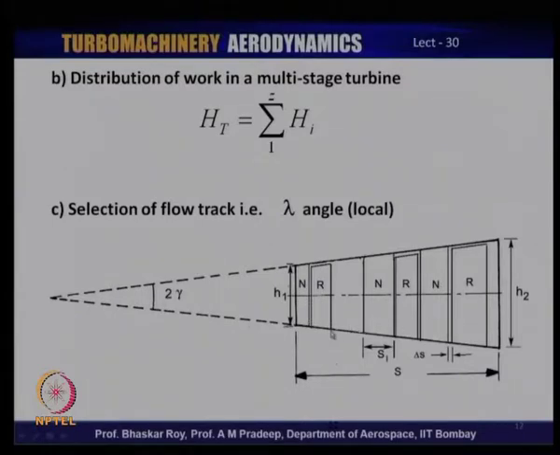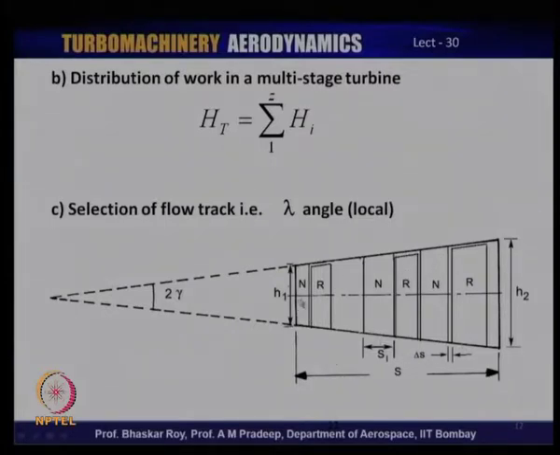So, you have to decide the number of stages during which the work distribution must have been completed, and if you have done that, you have an idea how many stages are in H P and how many stages are in L P.